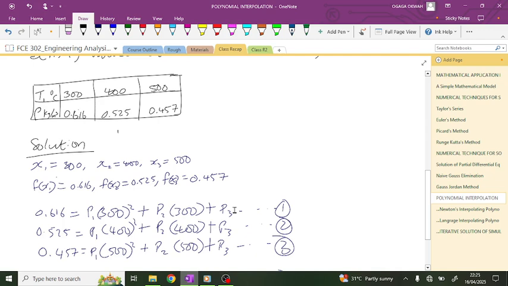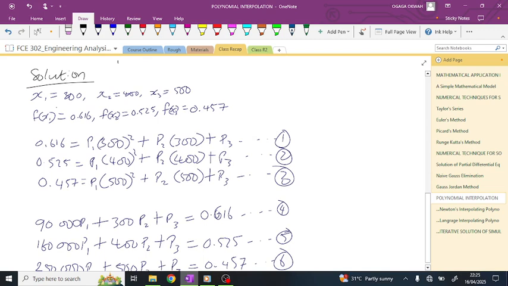Then in the next we go to f of x2, look at it, then x2 squared, x2, then no x2. Or we can say x2 is power 1, x2 is power 0. F of x3, look at it here, then x3 is 500 squared, 500 raised to power 1, 500 raised to power 0.